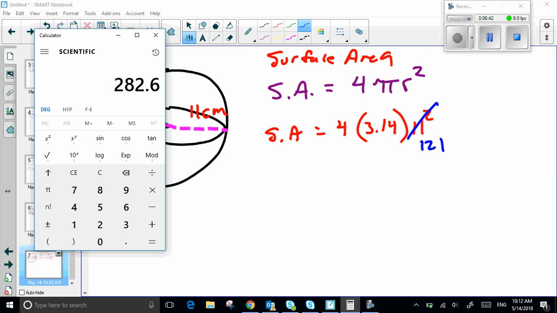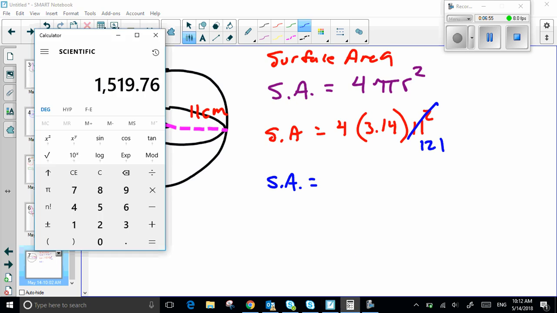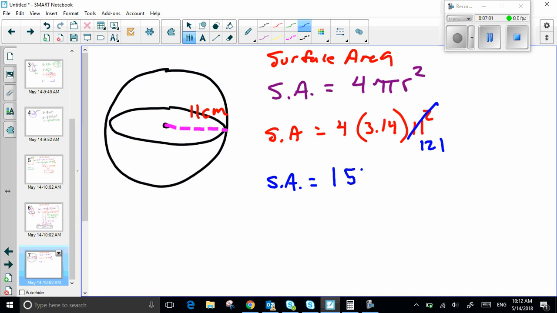So now I'll pull up my calculator and I'm going to do 4 times 3.14 times 121. And that's going to give me a surface area of 1,519.76, and that's going to be centimeters squared.